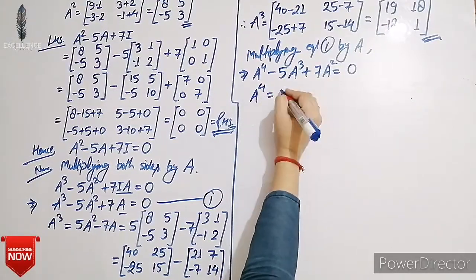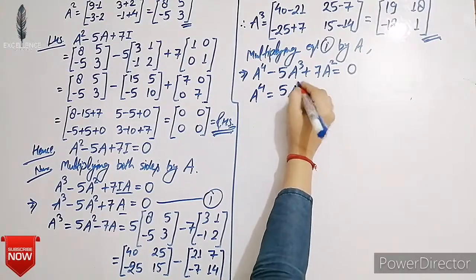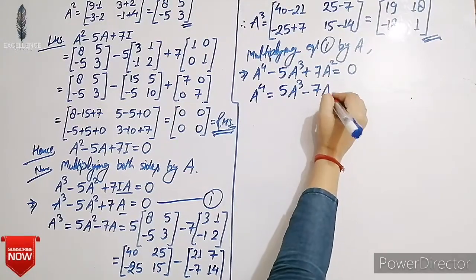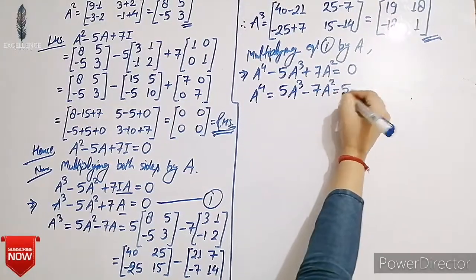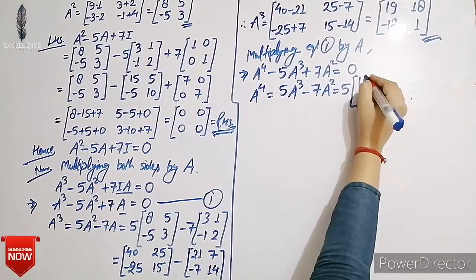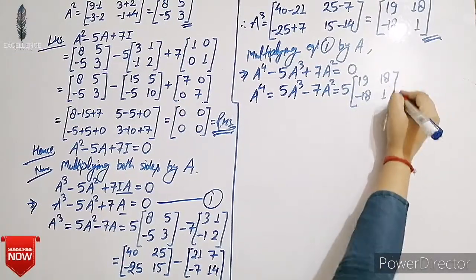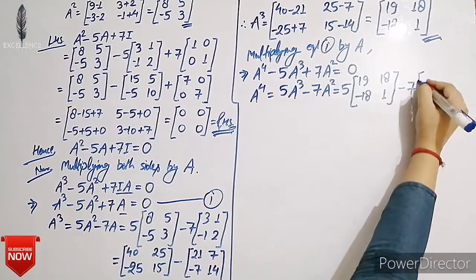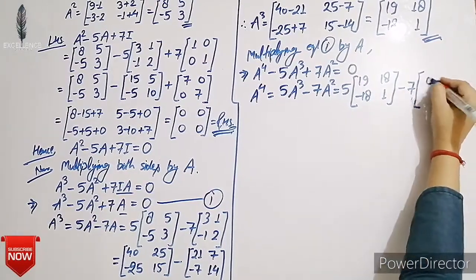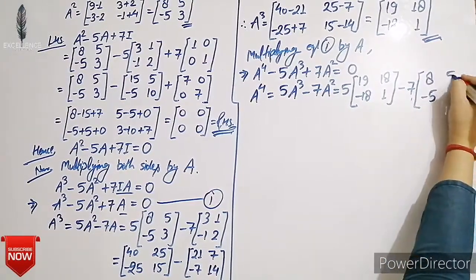So A raised to 4 is equal to 5A cube minus 7A square. Now put the values of A cube and A square. Here minus 7 and the value of A square is [8, -5; 5, 3].